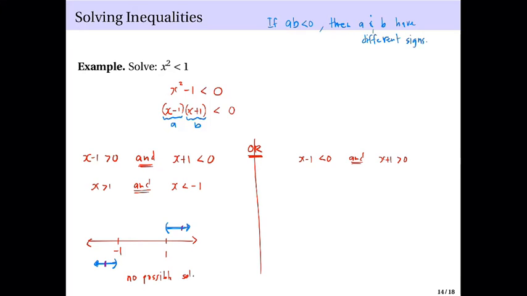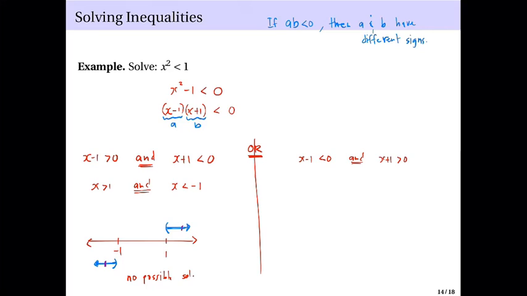Okay? Understand? So again, you want these two inequalities here to be satisfied at the same time. Okay? But there is no possible x satisfying both inequalities here at the same time. So no possible solution from this case.